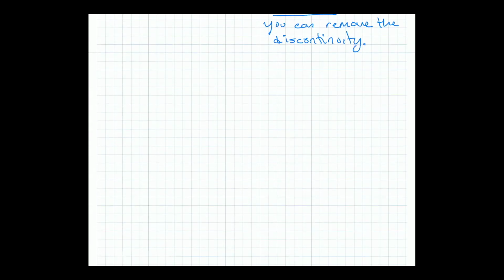So continuity at a point. I'm just going to say at x equals A. Okay. Here's the definition. Very easy definition.